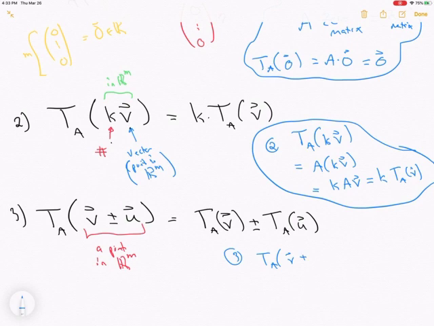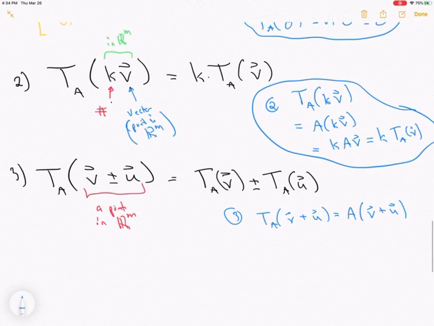So remember, vectors are special types of matrices. By definition, this is just matrix multiplication of A with v plus u. And matrix multiplication is distributive. So that's A times v plus A times u. So by definition, that's just the transformation applied to v plus the transformation applied to u.